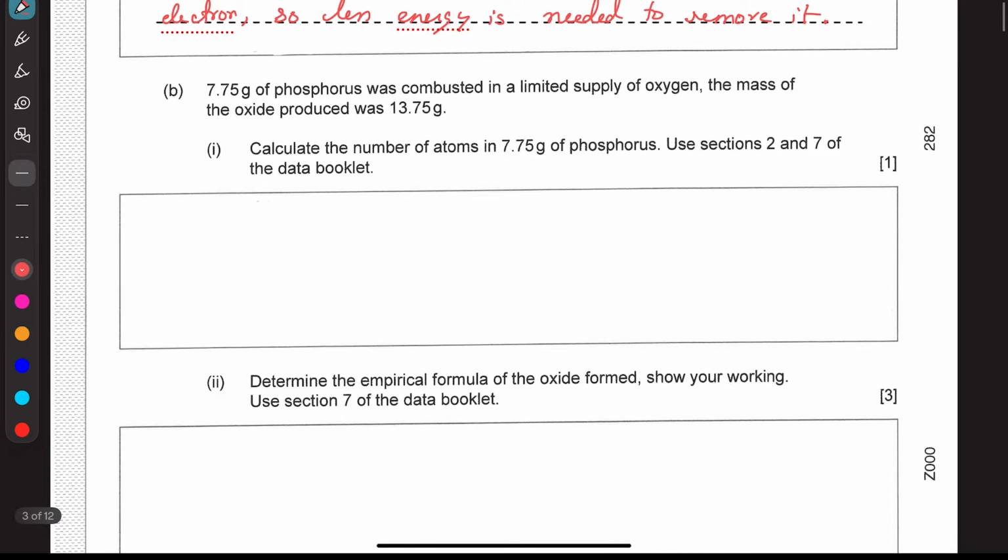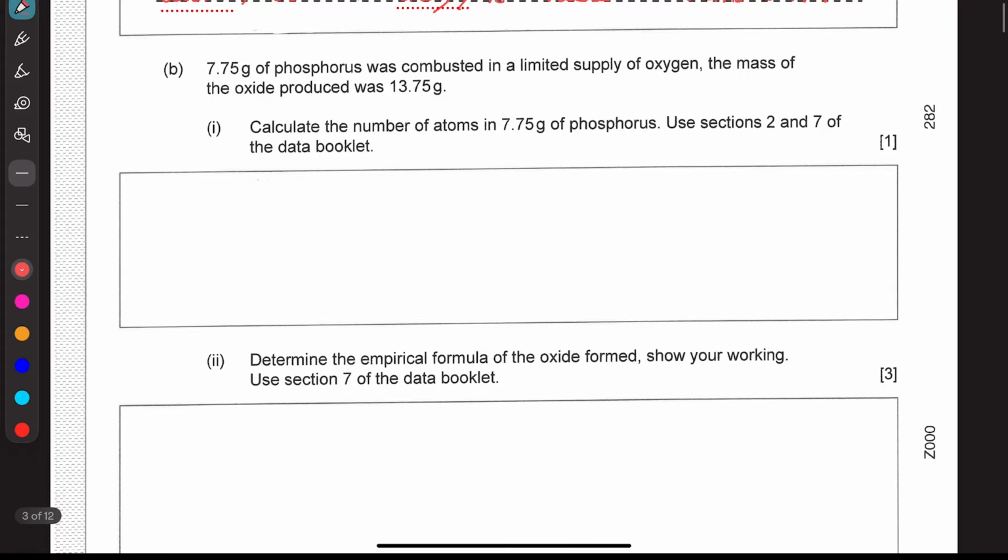That's it. Next, 7.75 grams of phosphorus was combusted in a limited supply of oxygen. The mass of oxide produced was 13.75. We have to calculate the number of atoms in 7.75 grams of phosphorus using sections 2 and 7. You just have to use the periodic table and the formula. Moles of phosphorus will be mass over molar mass. Mass of phosphorus is 7.75.